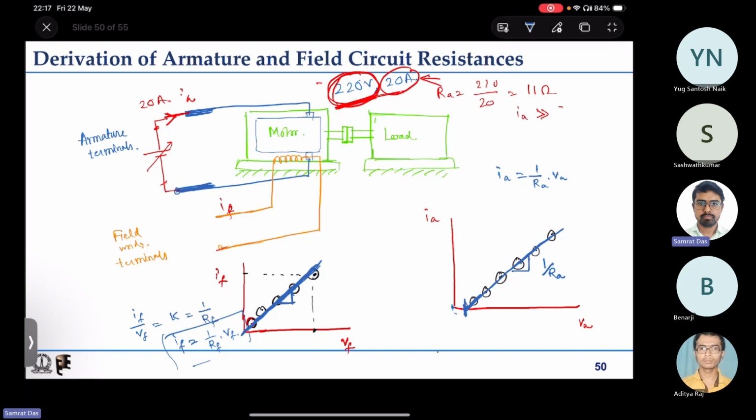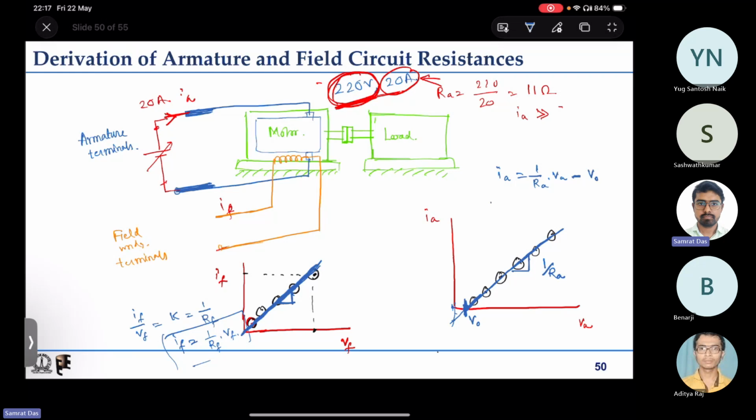You will have some constant quantity, say V0, the x-axis intercept.